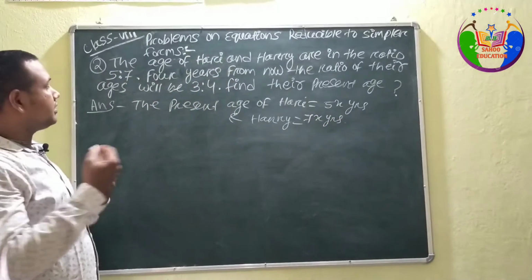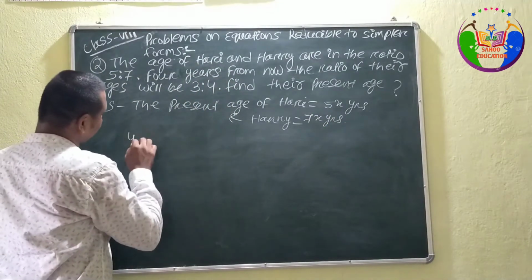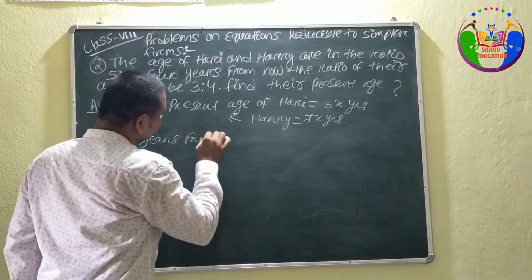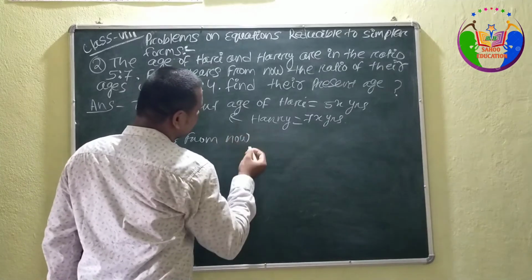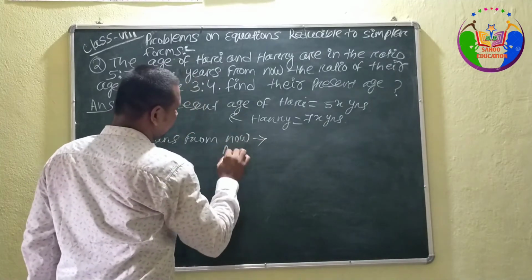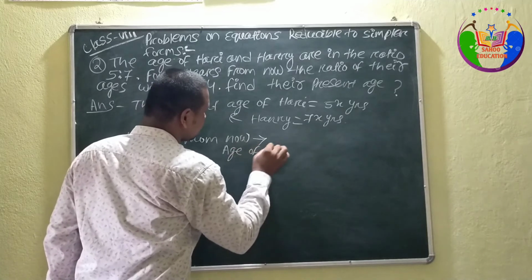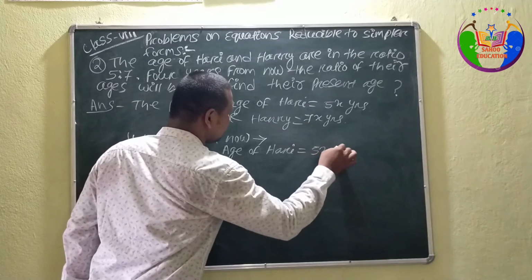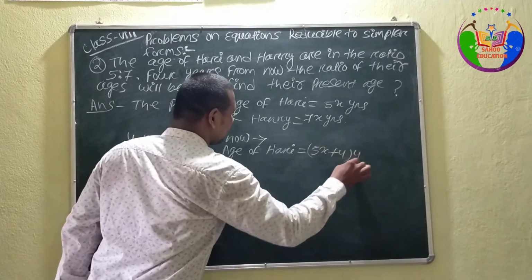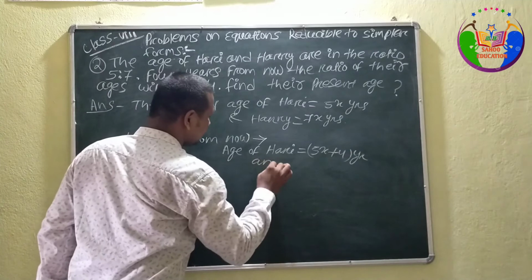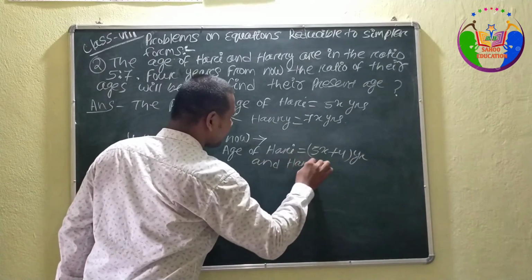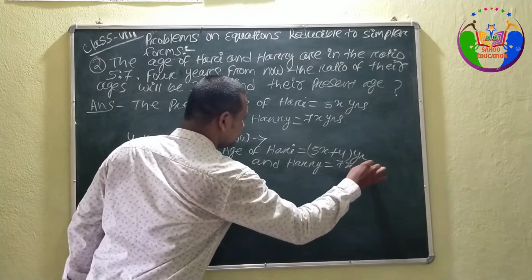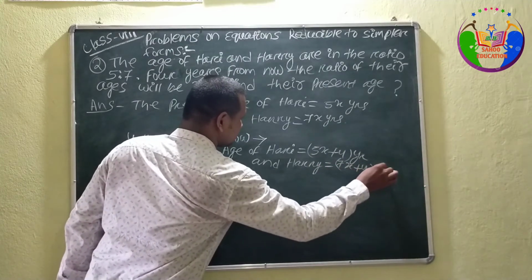Then 4 years from now, age of Hari is equal to 5x plus 4 years, and Harry is equal to 7x plus 4 years.